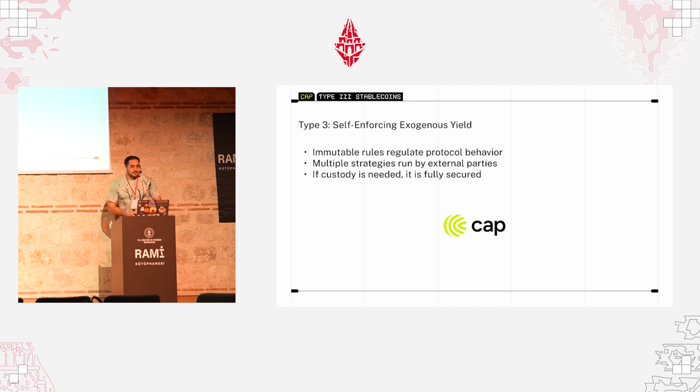With type 3 stablecoins, instead of relying on people, how can we harness the power of efficient markets to outsource yield generation to external parties while still protecting users? This is where type 3 stablecoins come in, which are self-enforcing exogenous systems. By self-enforcing, I mean we have an immutable set of rules enshrined in a smart contract that decides where capital flows.